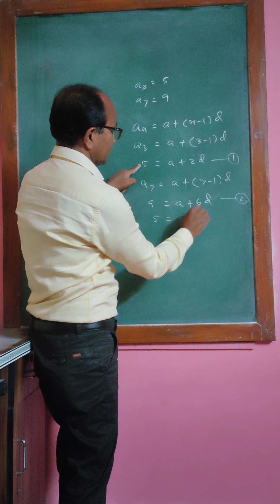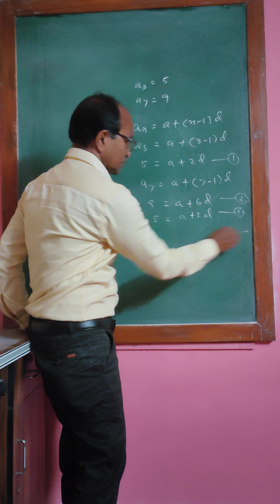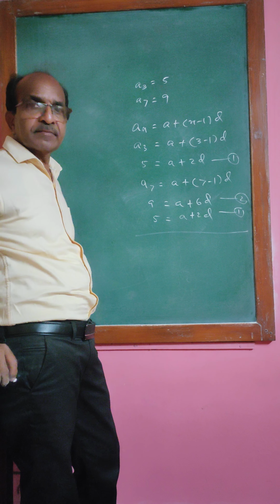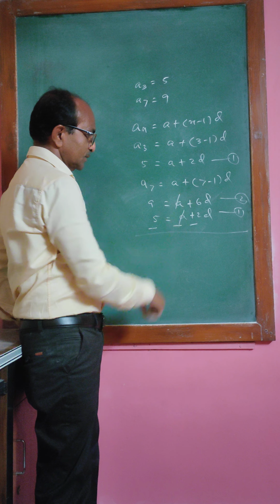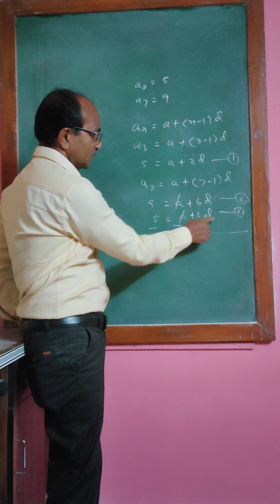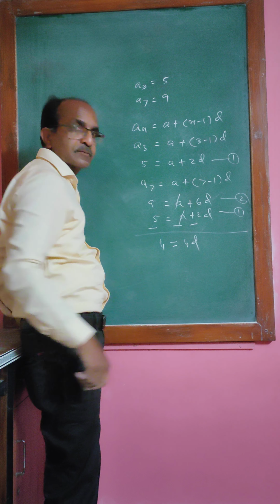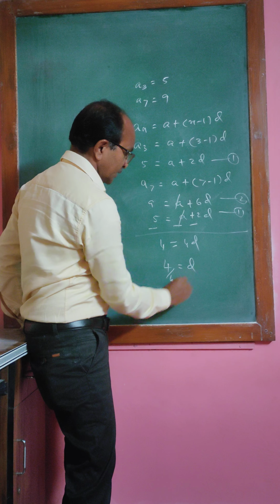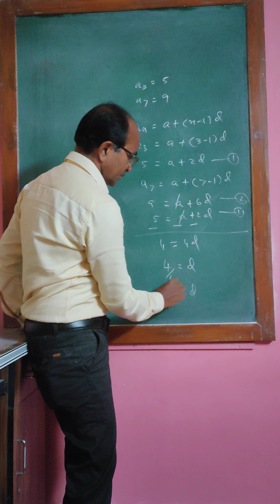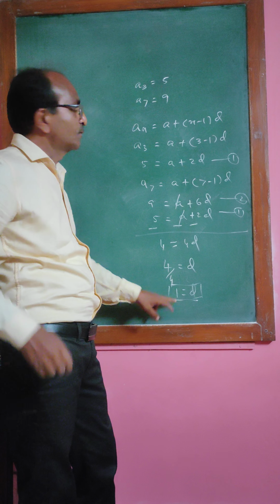Now, the first equation: 5 equal to a plus 2d. By the elimination method, a is cancelled. 6d minus 2d is 4d, 9 minus 5 is 4, and hence 4 by 4 equal to d, so d equal to 1.